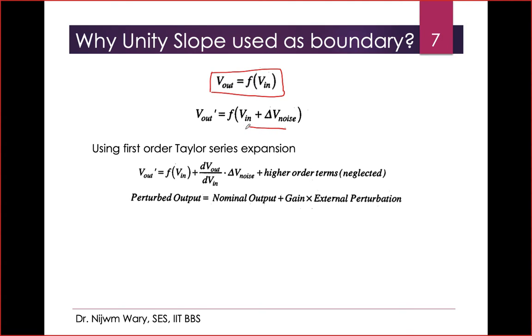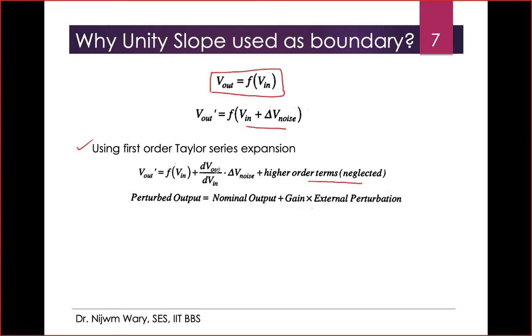Now if I go for a simple first order Taylor series expansion, I can expand V out like this: V out equals F of V in plus dV out by dV in, which is the differentiation of this, times this delta V noise, plus of course there will be higher order terms. For our approximation we are neglecting the higher order terms and just considering this.